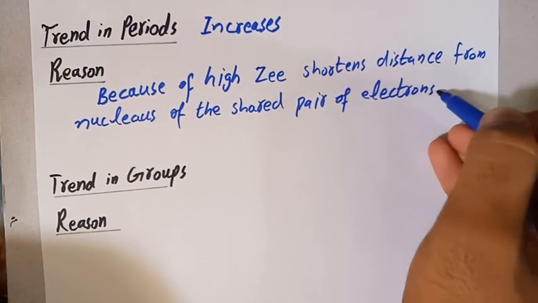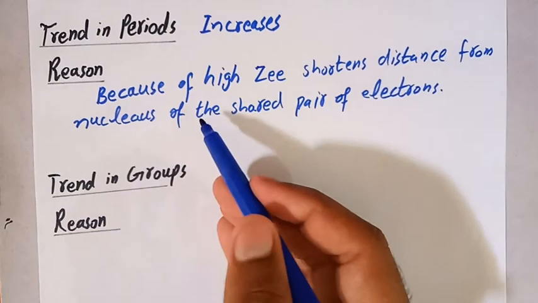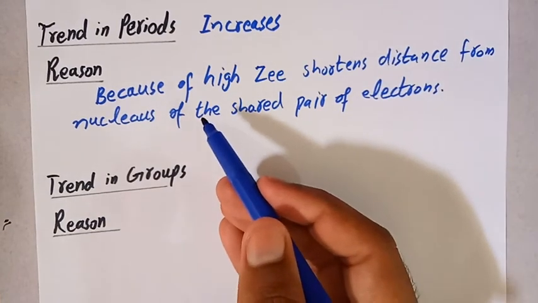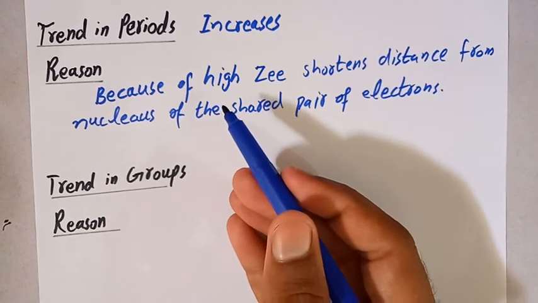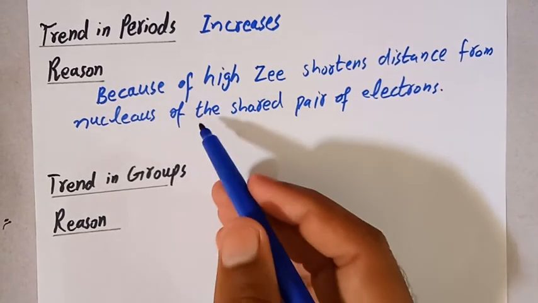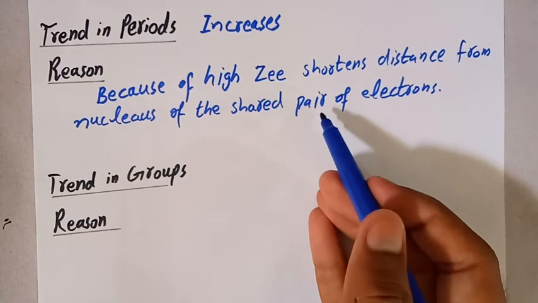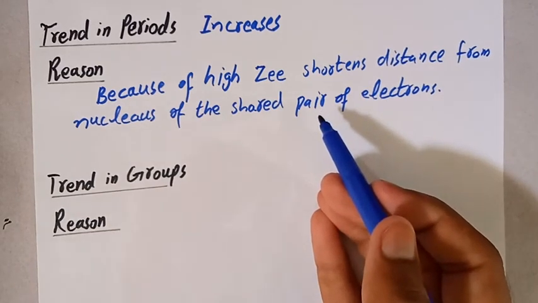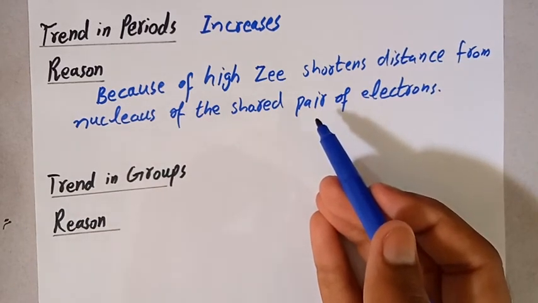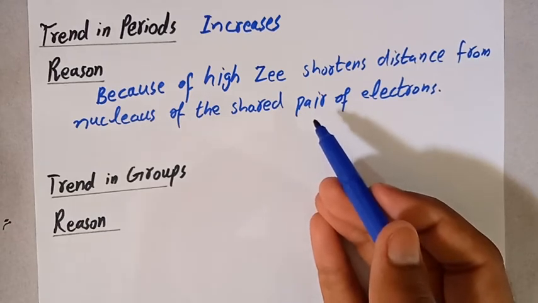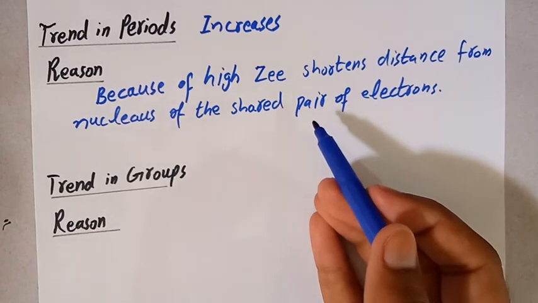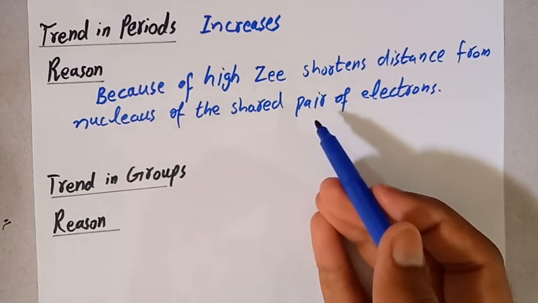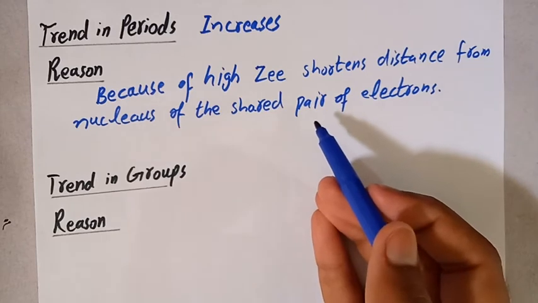As we know that shielding effect in a period remains the same in any atom, so the effective nuclear charge shortens the distance from the nucleus of the shared pair of electrons. The shared pair of electrons will be affected by the nucleus lessly or highly.